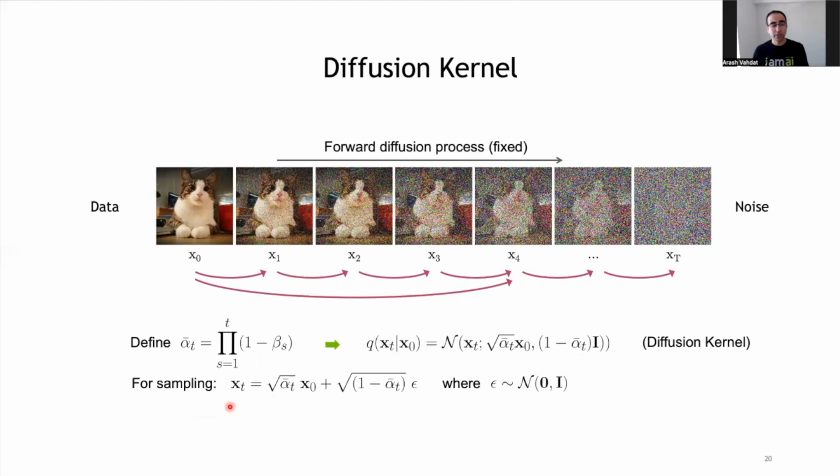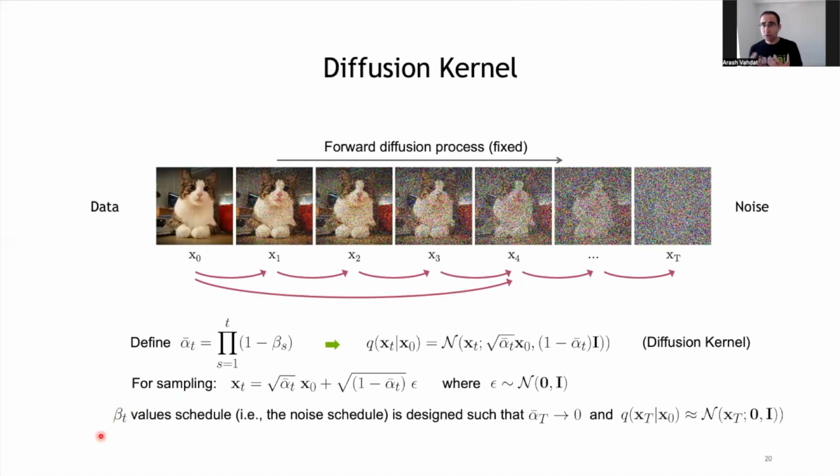So if you want to draw samples from xt, you can just set xt to the mean plus some white noise, epsilon, drawn from the standard normal distribution, rescaled with this square root of 1 minus alpha bar t, which represents just the standard deviation of this normal distribution. So given x0, we can easily diffuse it to time step t.